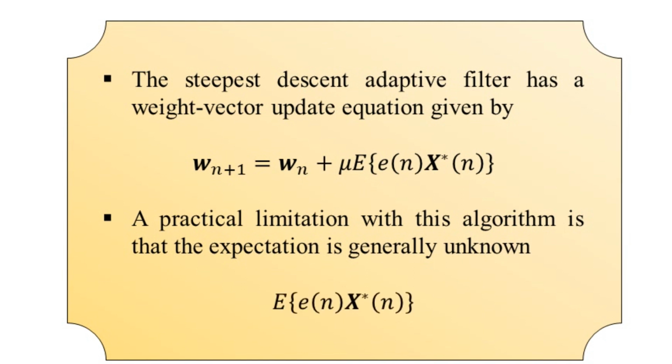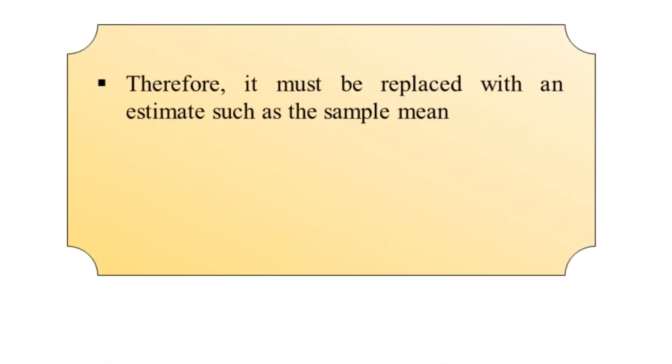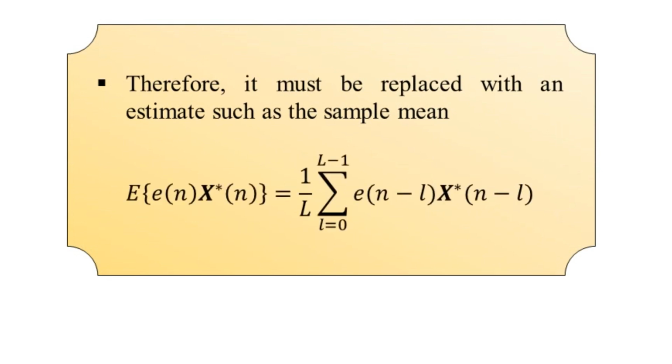This can be denoted as E-hat of e(n) times the complex conjugate of x(n), given by 1 upon L multiplied by the summation for the index variable l equal to 0 to L minus 1 of the product of e(n minus l) with the complex conjugate of x(n minus l).